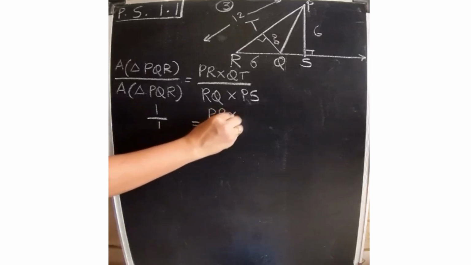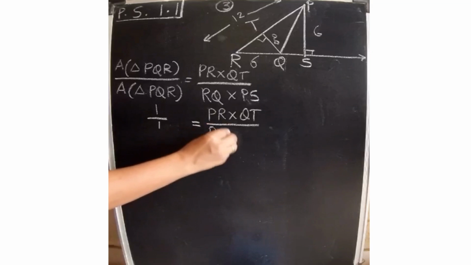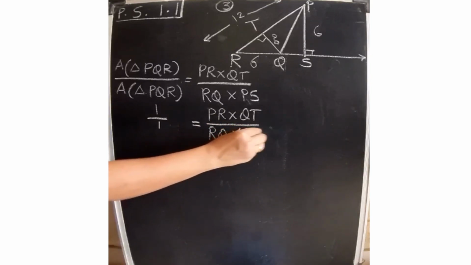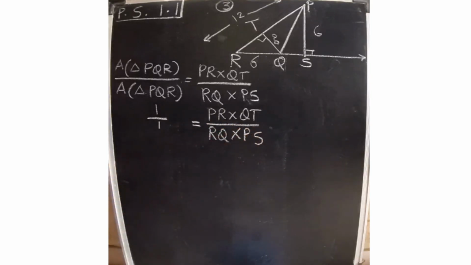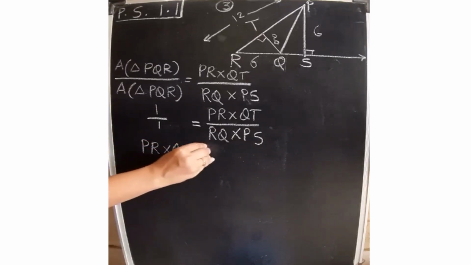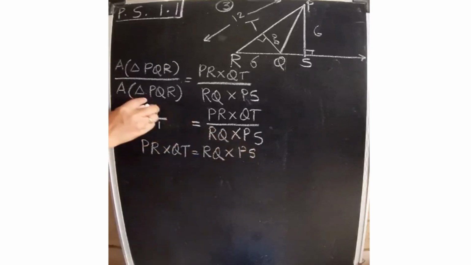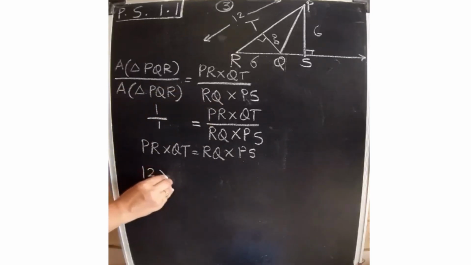1 upon 1, I had written to the left hand side because area of triangle PQR upon area of triangle PQR will get cancelled. So PR into QT and RQ into PS in the denominator. Cross multiply: PR into QT equal to RQ into PS.